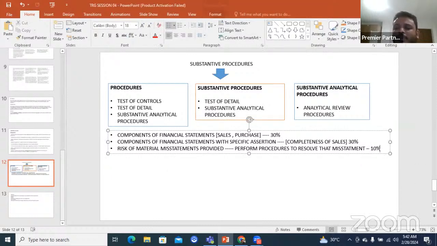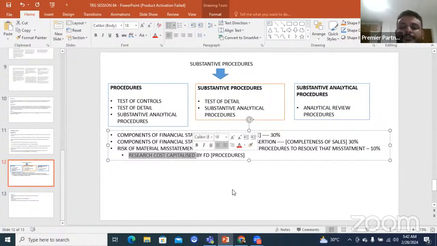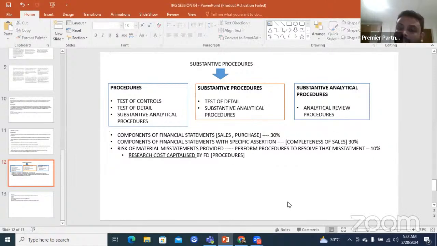For example, research cost capitalized by the finance director. The scenario is this, and they ask you to write procedures. If research cost is capitalized, it's a misstatement under IAS 38 intangible assets. In such a case, how are you going to perform procedures?